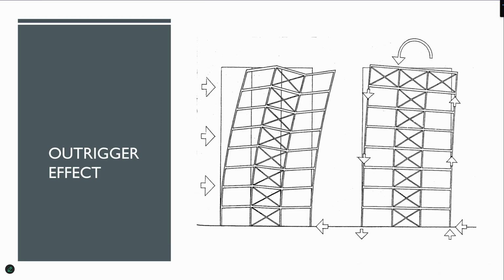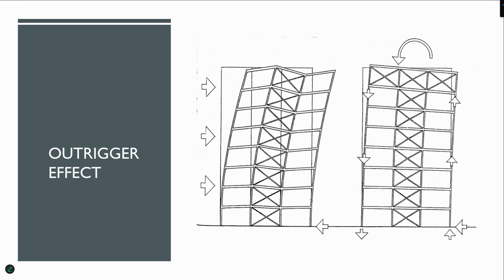Okay, so this is an example that is the same thing, outrigger effect, but instead of wall, they put the truss, but the same thing. And this is very, very important for you to see how these columns, one column goes up, one column goes down at the end of this.